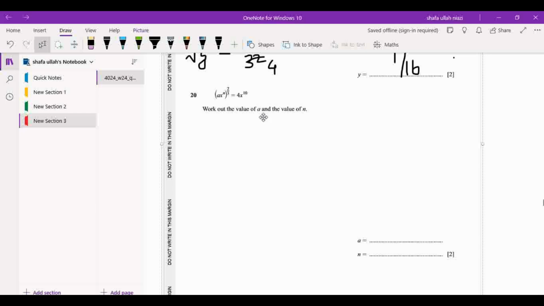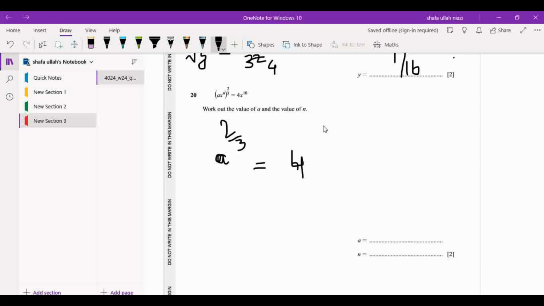So a power 2 over 3 is equal to 4, because this is x power.